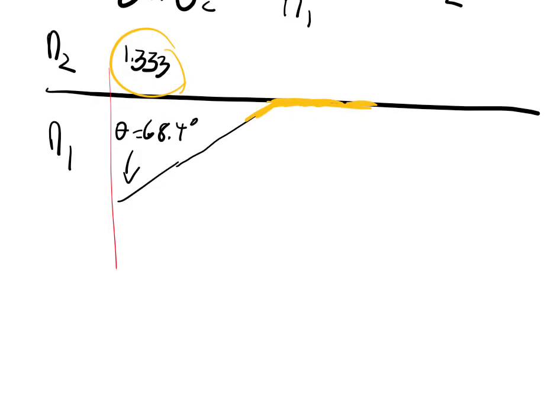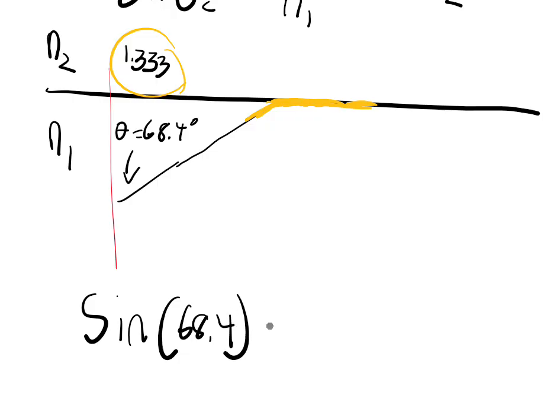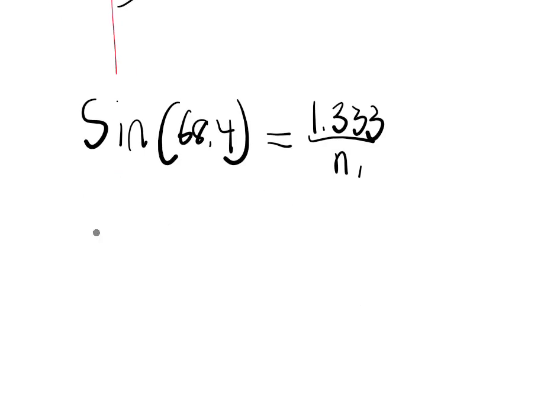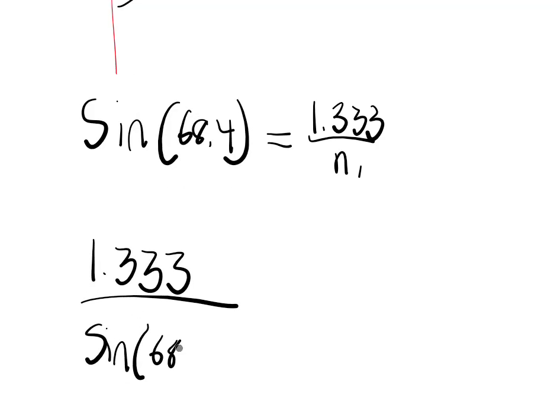So let's do it. We know that we're given 68.4 degrees. Sine of 68.4 is equal to 1.333, our index of refraction for water, over some index that we're not aware of. And then to solve for n1, we say 1.333 over sine of 68.4, which evaluates to just about 1.43.